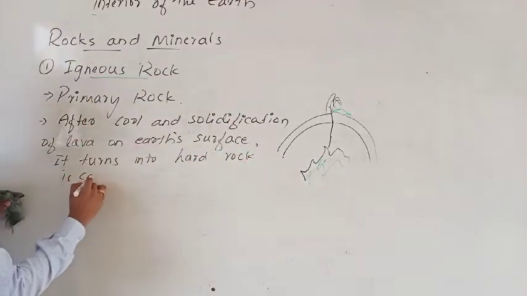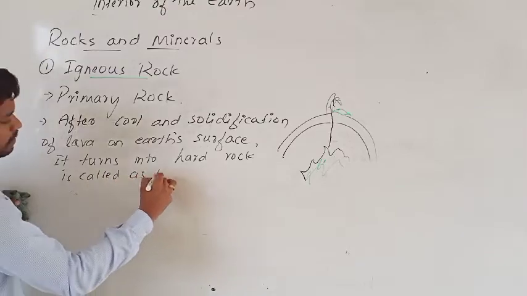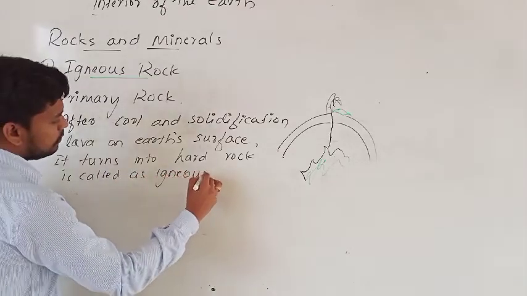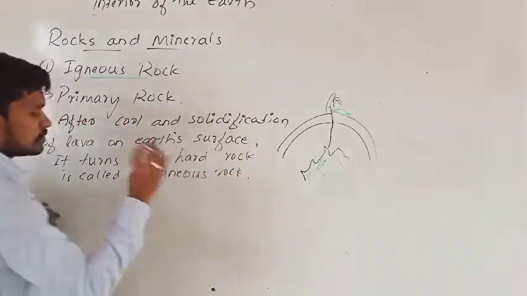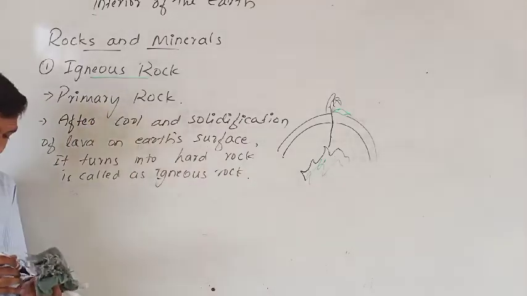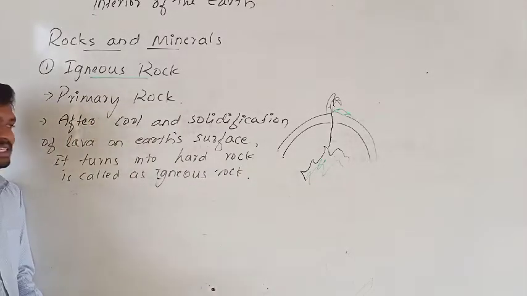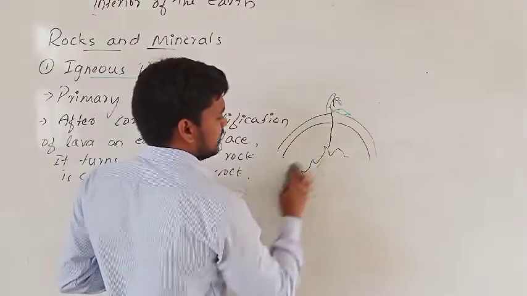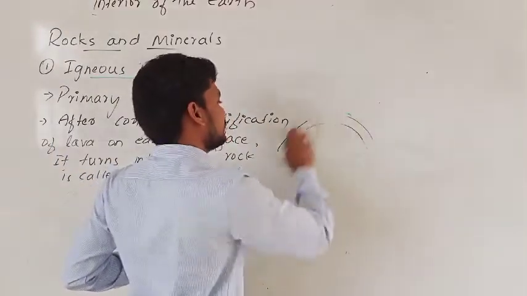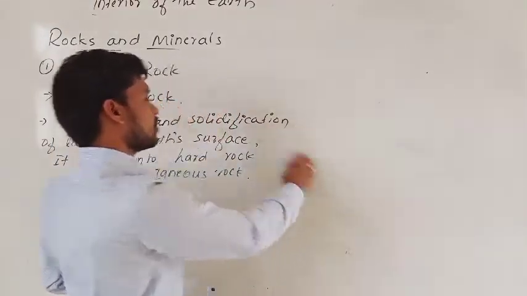It's called igneous rock. So as I told, when the magma or the lava cools and solidifies, it becomes a rock. So that first rock is called igneous rock.